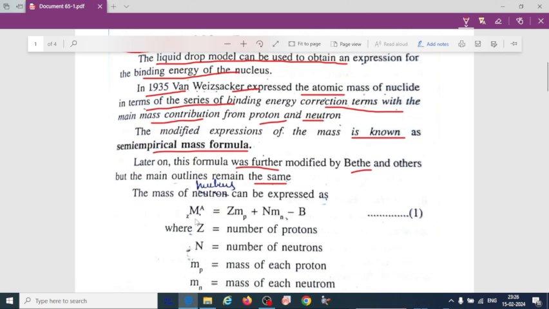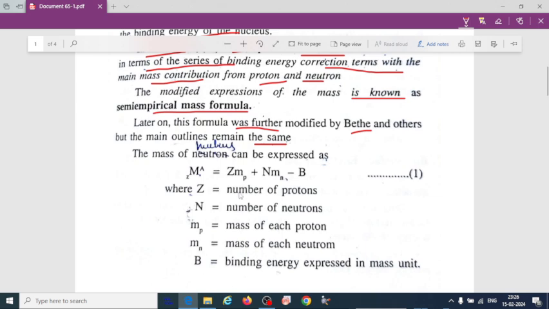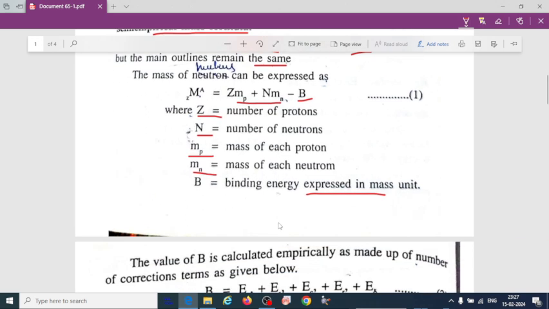So the mass can be expressed as Z times the proton mass plus N times the neutron mass, minus the binding energy. Here Z is the number of protons, N the number of neutrons, Mp the mass of each proton, Mn the mass of a neutron, and B corresponds to the binding energy expressed in mass units.